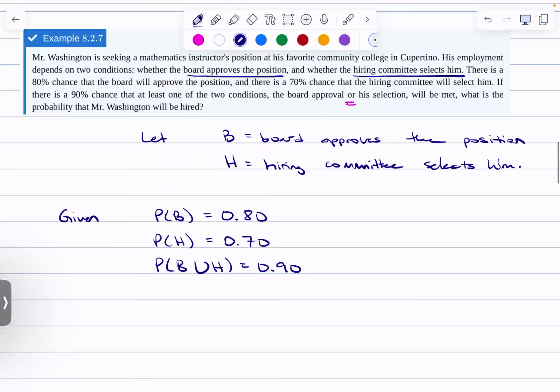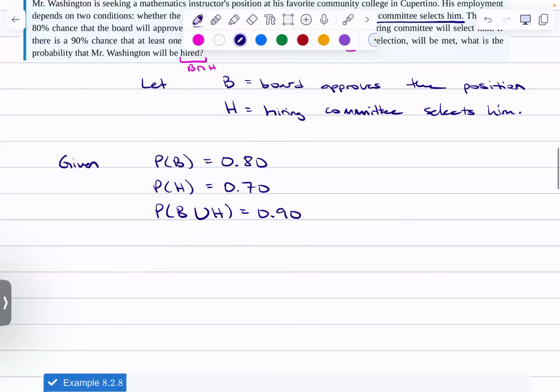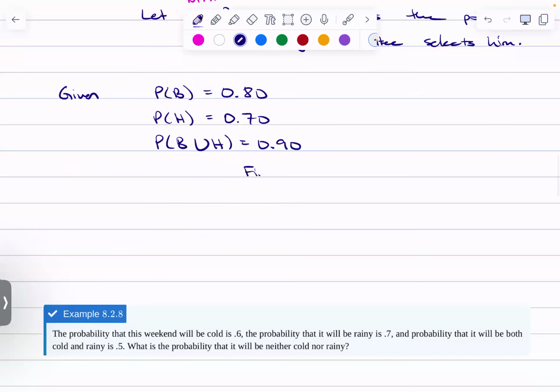Well, hiring means B and H, right? The board has to approve the position and the hiring committee has to select him, of course. So we want to find the probability of B and H.